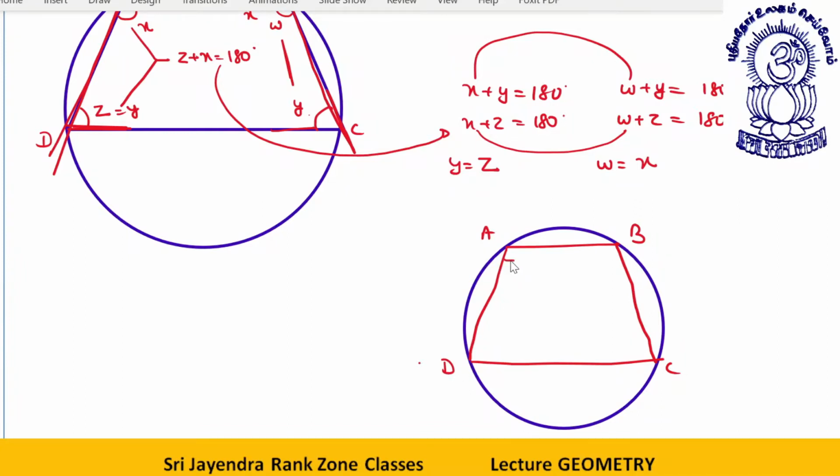So what will happen? These two angles will be equal. These will be X and X. And these two angles will be equal. These will be Y and Y. One thing done. Also, AD is equal to BC.